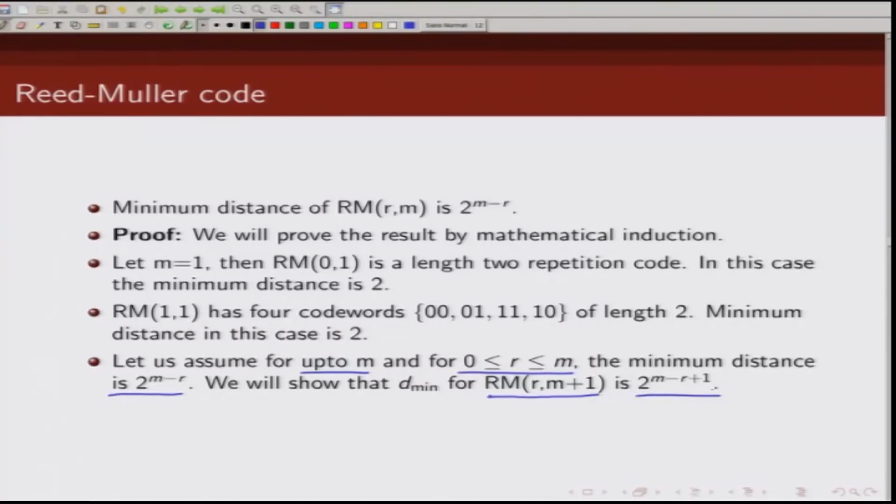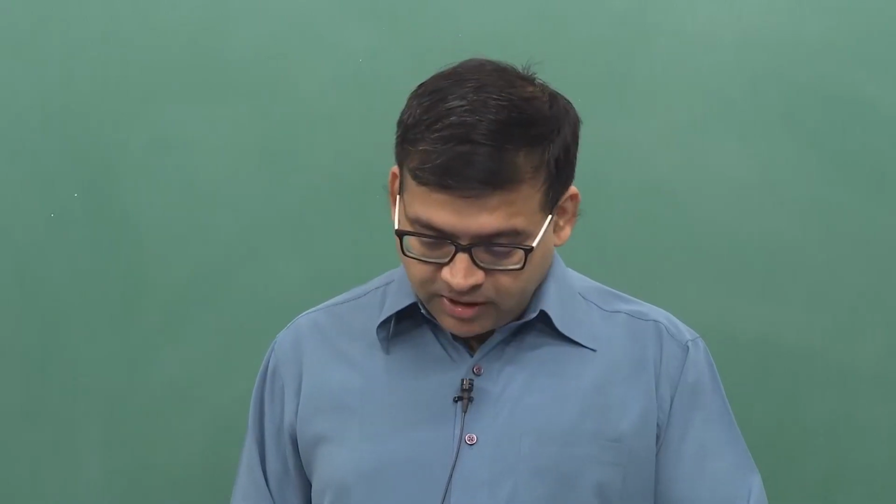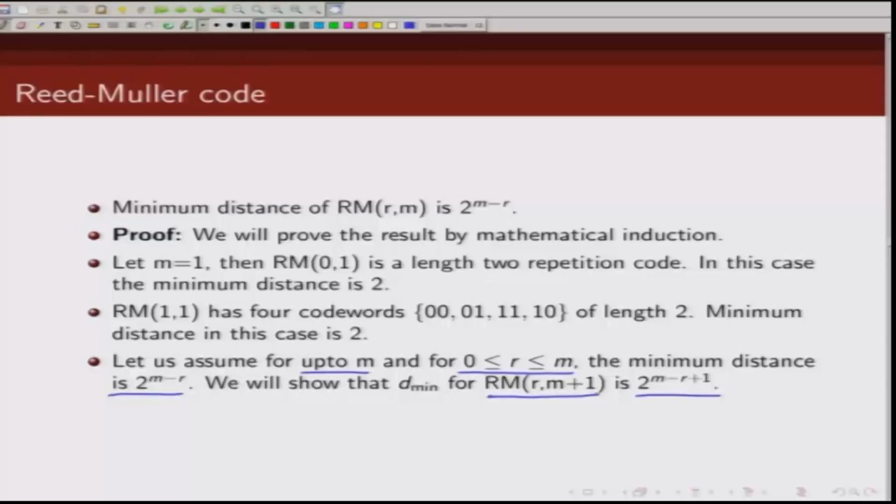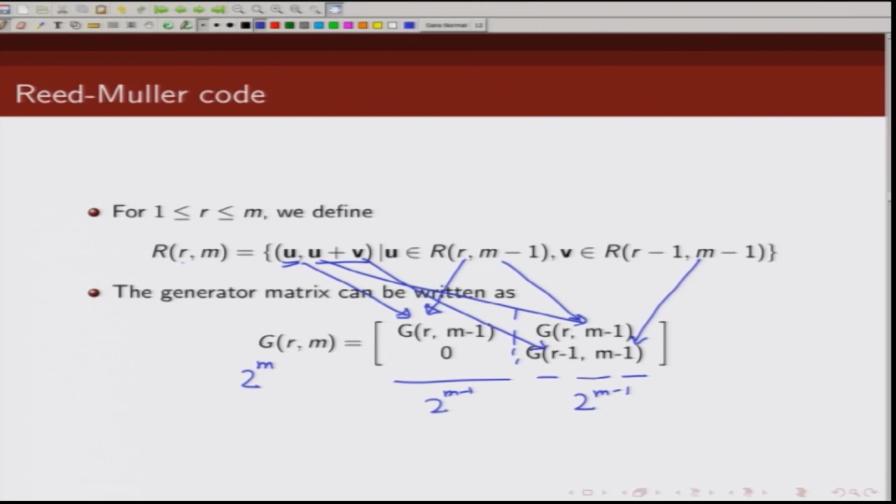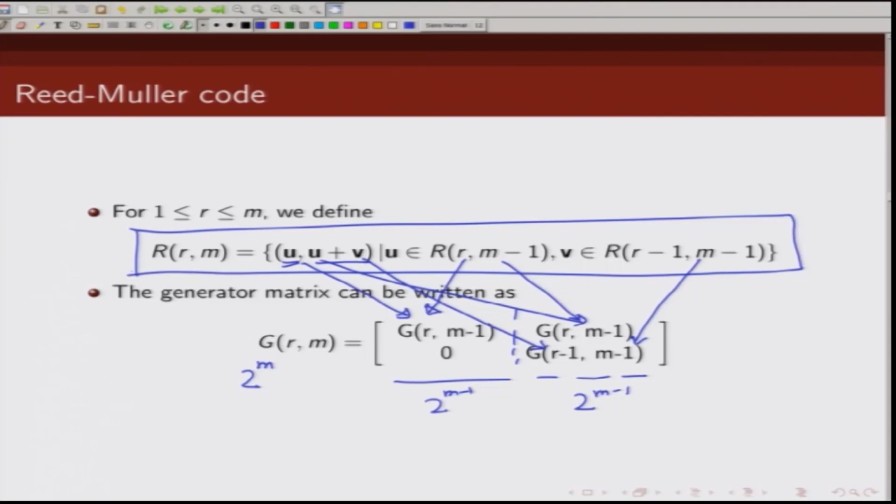So, next we are going to show that the minimum distance of the rth order Reed-Muller code of length 2^(m+1) is given by this. To prove this, we are going to make use of the construction that the Reed-Muller code of order r and m can be constructed recursively using this. We are going to make use of this construction to prove our result.